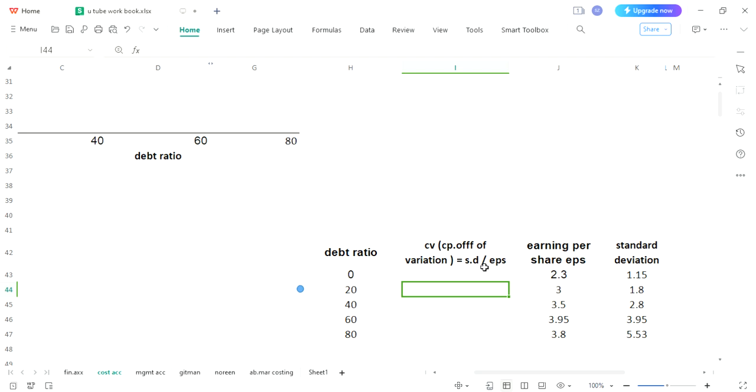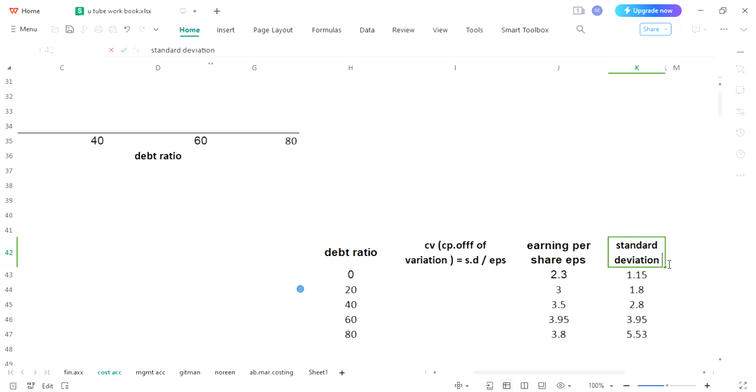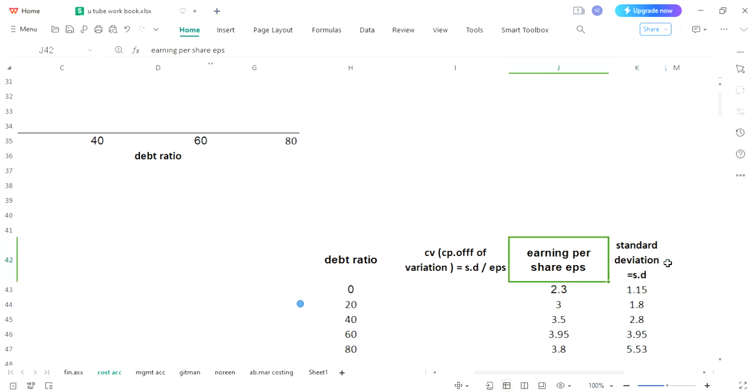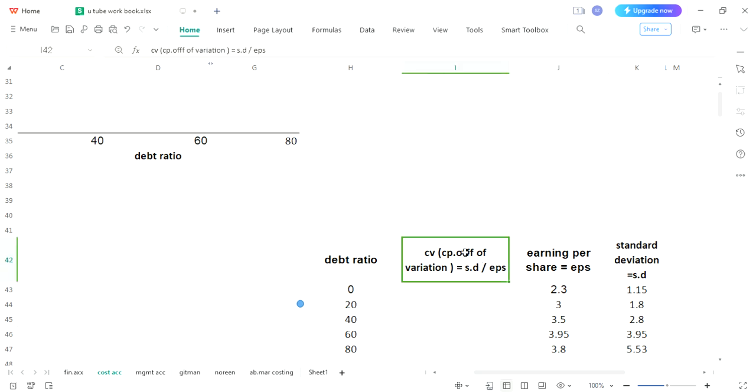Standard deviation has been written as SD, which is present over here, and this is your earning per share, which is said as EPS. To calculate your coefficient of variation, you need to divide this standard deviation.